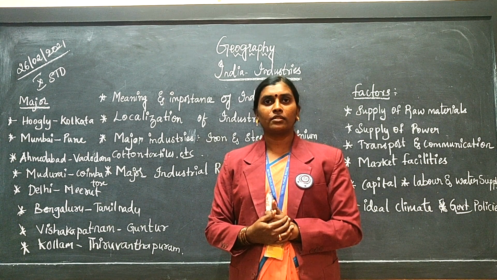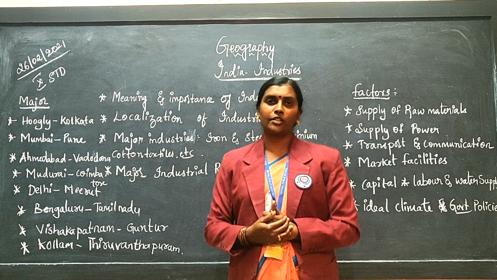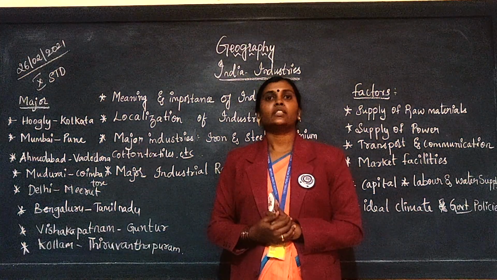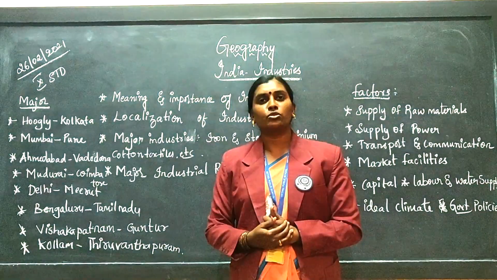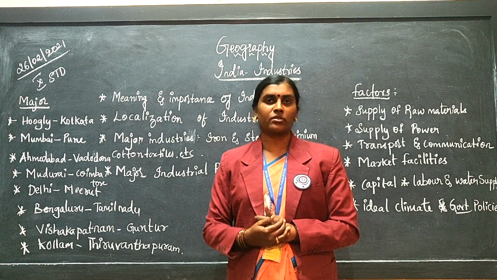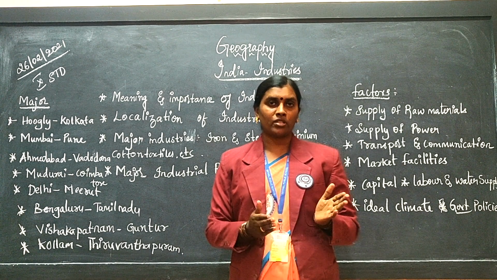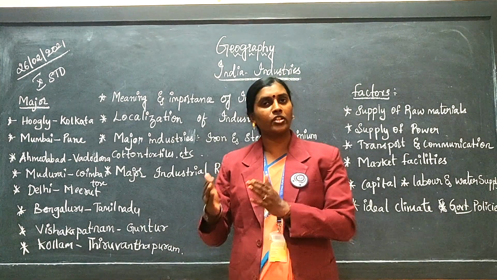Industries are where raw materials are converted into finished goods. Where a raw material is converted into a finished product or finished goods, it is called industries.